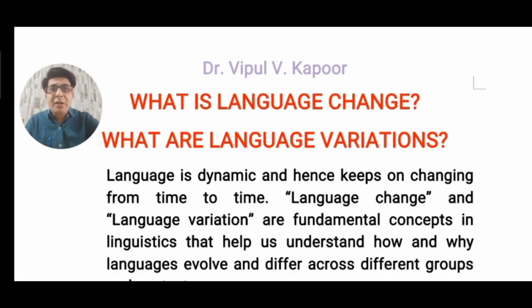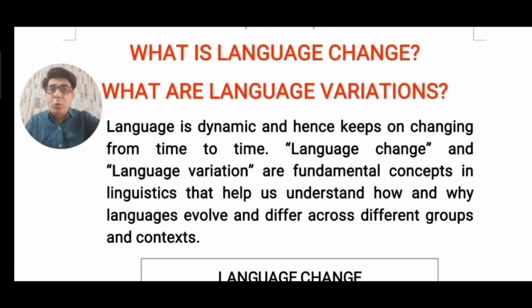Okay, there are thousands of languages in the world spoken in today's times, but no language is static because change is the basic or fundamental nature of all languages, and that's why when we study language we need to understand what this language change is and what these language variations are.